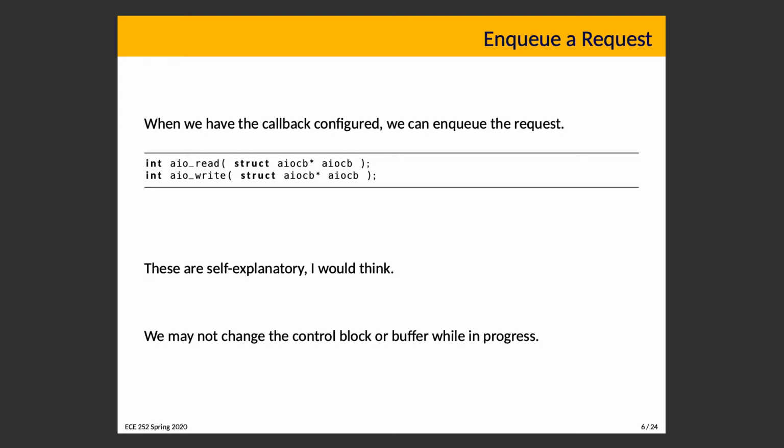On the next iteration of the loop, you end up overwriting that AIO control block, and so things go wrong because we've changed the AIO control block while the operation is in progress. And you shouldn't do that because the operating system will get to it when it gets to it, and you will get inconsistent results if you do so, because you're changing things out from under it, which is unlikely to go well.